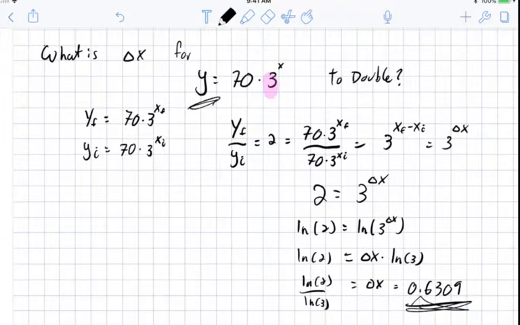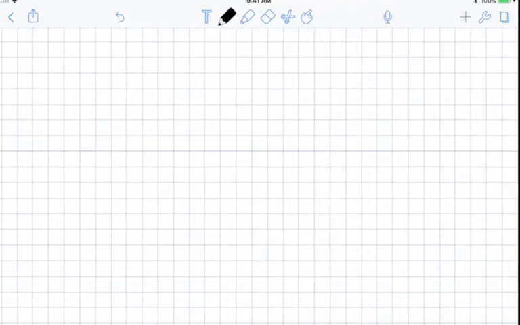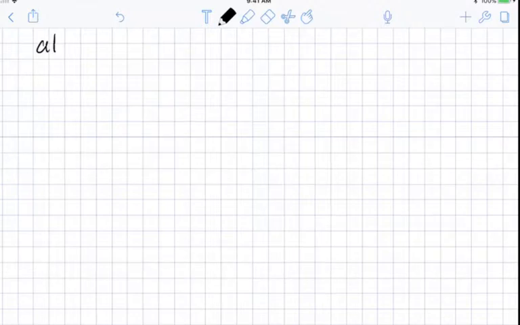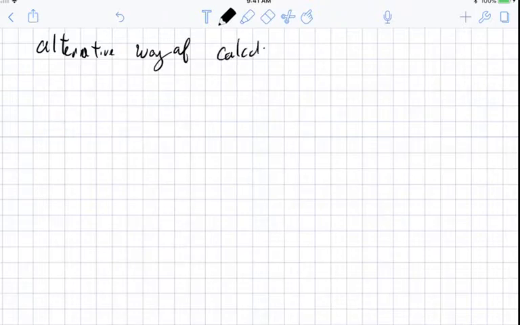Isn't that fun? Okay, so there's an alternative way of doing this. Dig it. Tell me this.